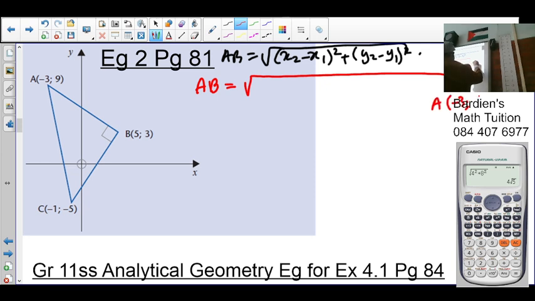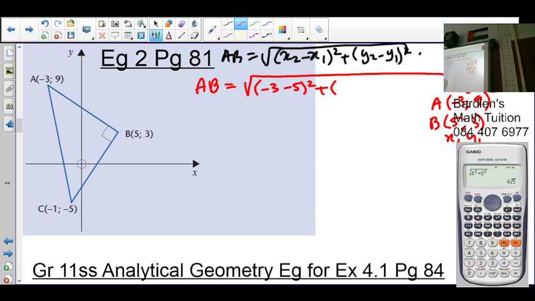Negative 3 and 9, and B is 5 and 3. Again, if I make that x1 y1, x2 y2. Let's do the substitution. What would we get? Negative 3 minus 5, squared, plus 9 minus 3, squared.